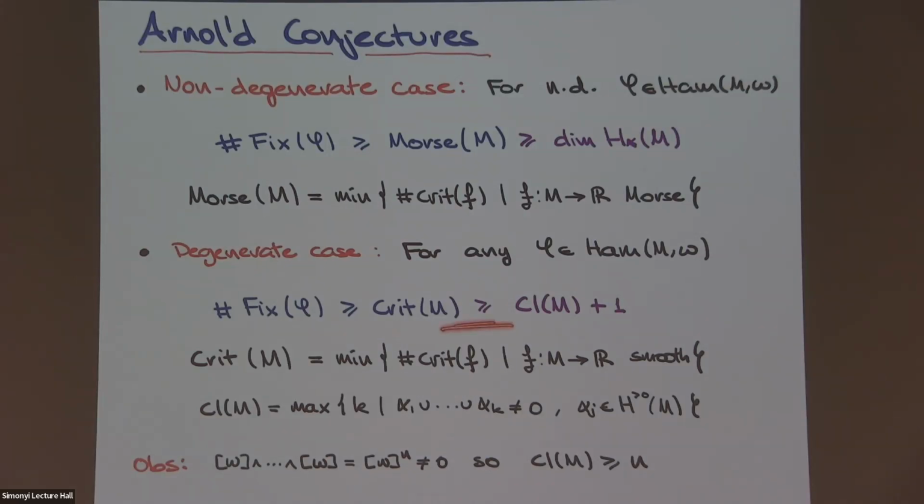In particular, by Lusternik-Schnirelmann theory, that would imply that the number of fixed points is bounded below by the cup length plus 1, where the cup length is just the maximal length of cup products that you can have of cohomology classes of positive degree. Because we're in the closed setting, the cup length is at least n, because wedging the symplectic form n times with itself gives you the volume form.